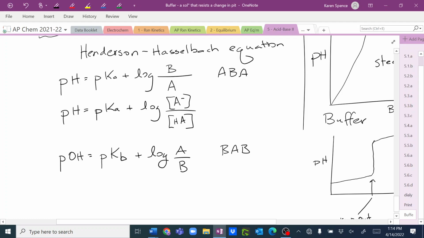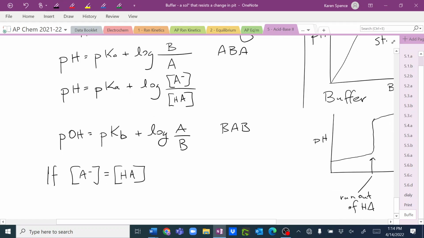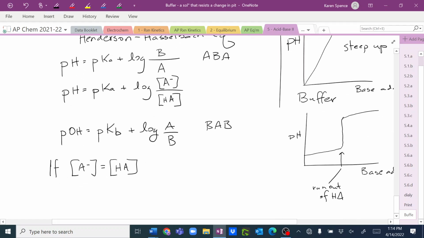Now, the nice thing is, you remember how I said it was really nice if those concentrations were equal to each other? If the concentration of A is equal to the concentration of HA, then what is true about that equation? pH is equal to pKa and pOH is equal to pKb.